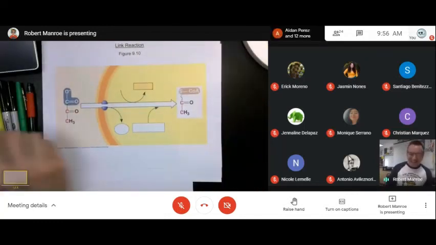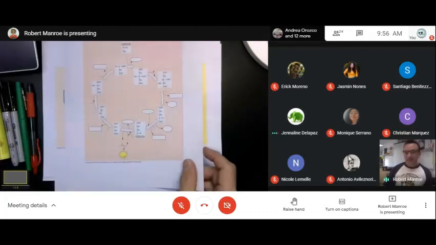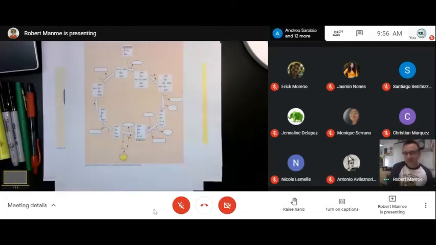Then there's the link reaction, right? And do you remember when we counted carbons in Calvin? What do you think we're going to do here? The same, okay? It's not as complicated. Calvin's hard to get across because you have to show one molecule, but there's 3 of each.